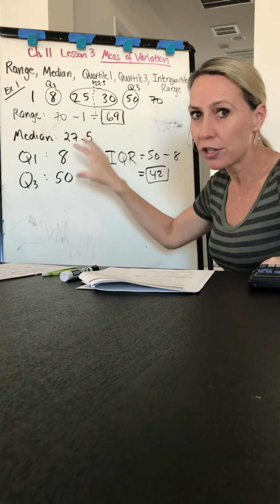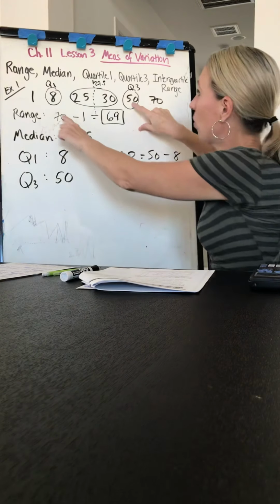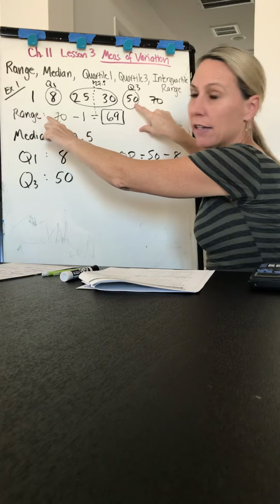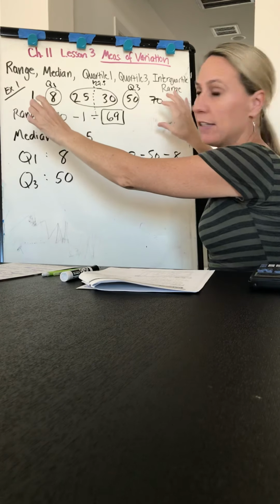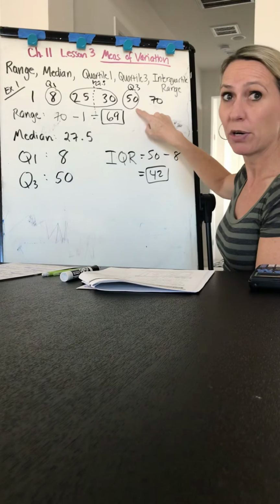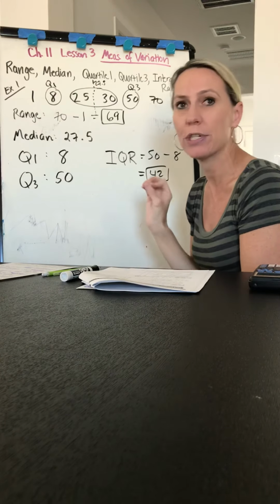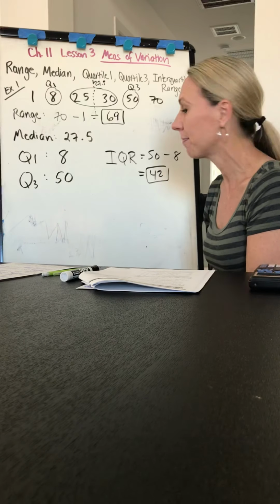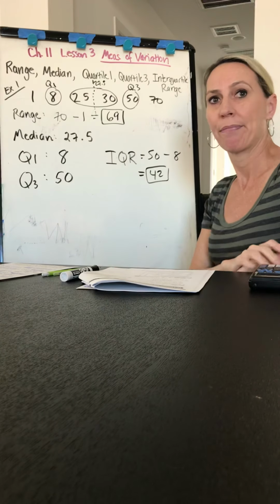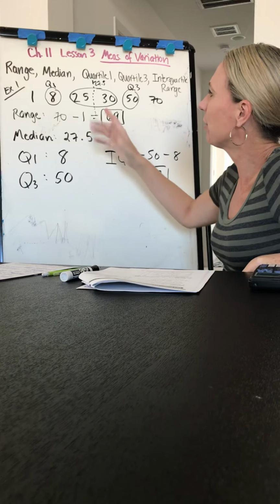It's always the largest number minus the smallest, but you're doing the quartiles, not the data. So this is a small set of data, but for the interquartile range, you're doing Q3, which is the bigger one, minus Q1, which is the smaller one. Range is always the largest one minus the smallest one. So you're always subtracting quartile 1 from quartile 3, because quartile 3 is always bigger than quartile 1.